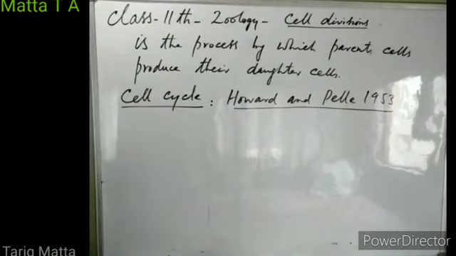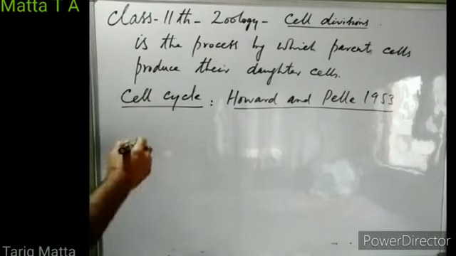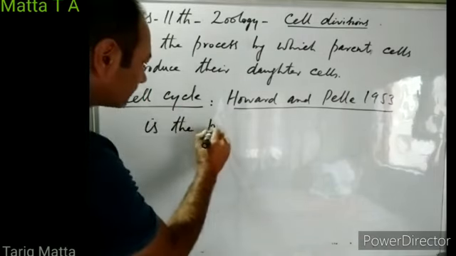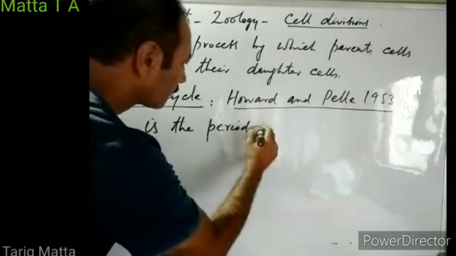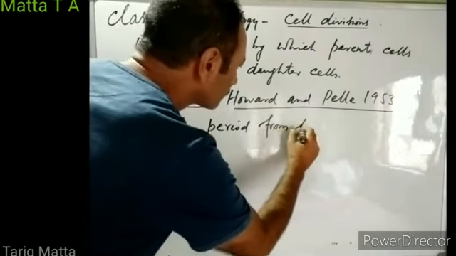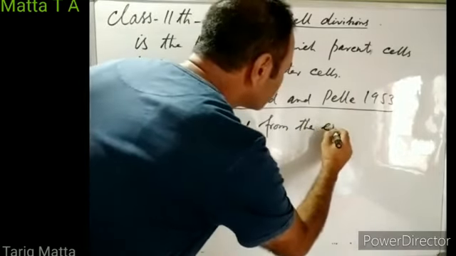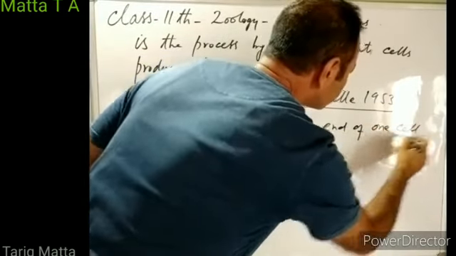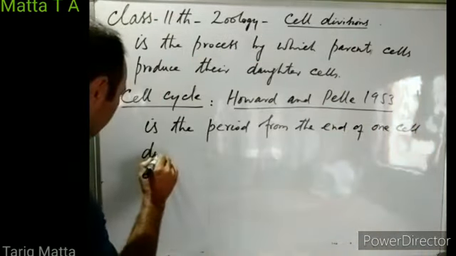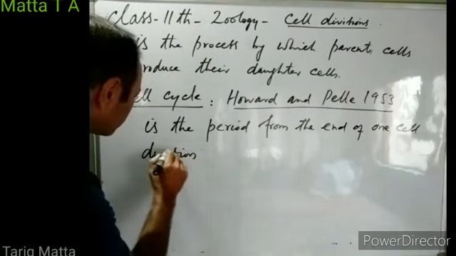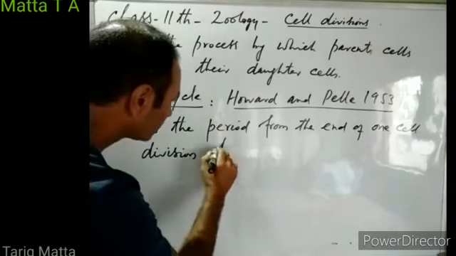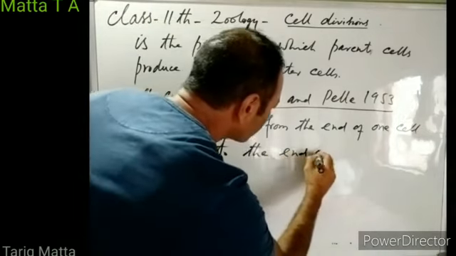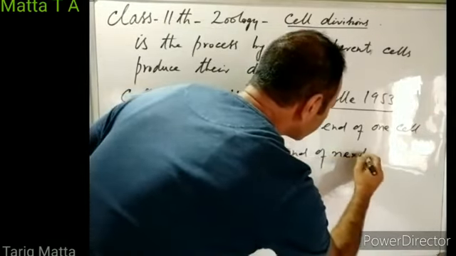How do we define a cell cycle? The cell cycle is the period from the end of one cell division to the end of the next cell division.